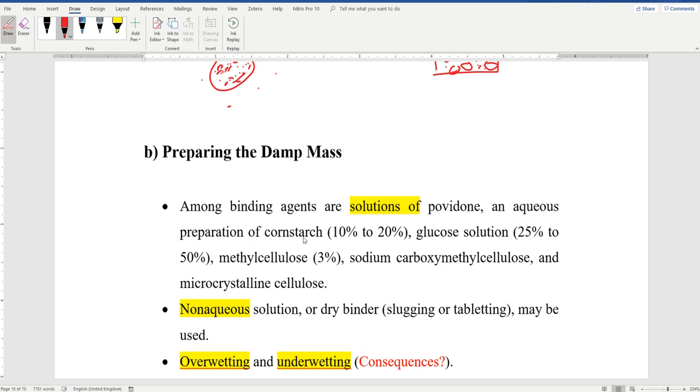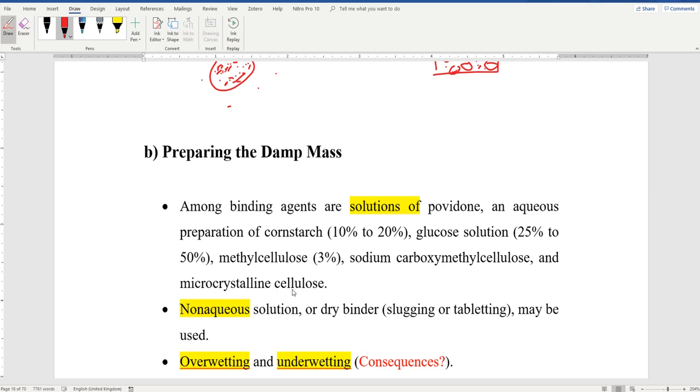We also can prepare cornstarch in a percentage of 10 to 20. We can prepare glucose solution 25 to 50. We can prepare methyl cellulose only 3%, or we can use sodium carboxymethyl cellulose or microcrystalline cellulose.